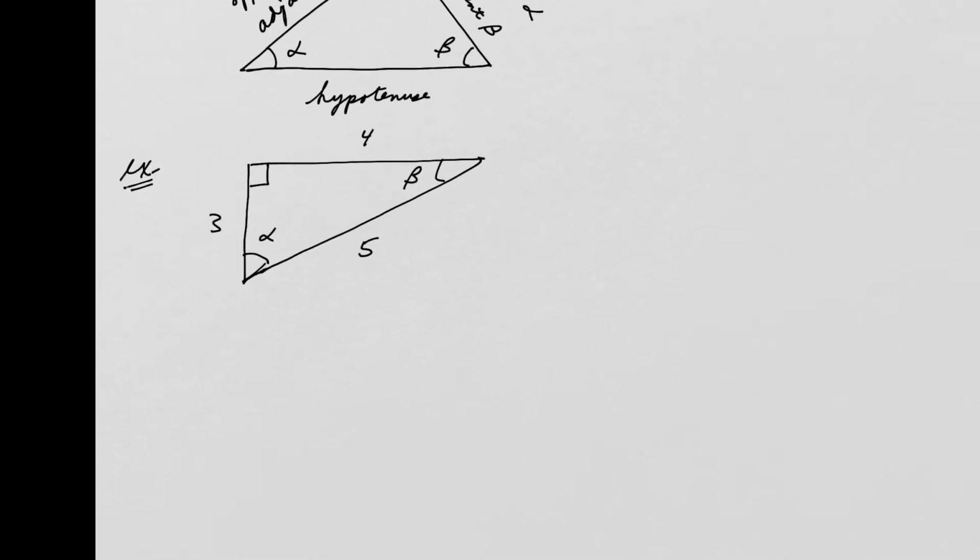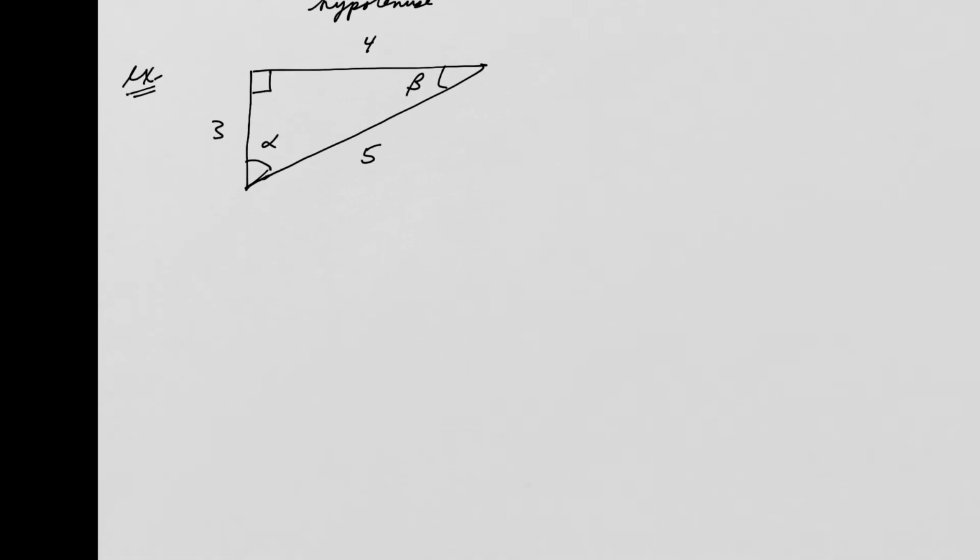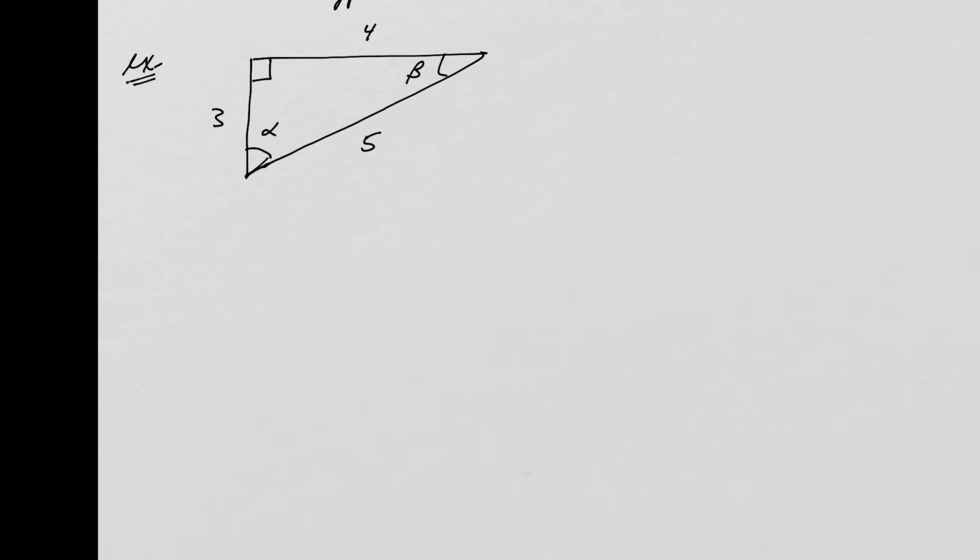So what we want to find is all the trig functions of alpha and all the trig functions of beta. Right? So I want to find sine of alpha, cosine of alpha, tan of alpha, and then cosecant of alpha, secant of alpha, and then cotangent of alpha.